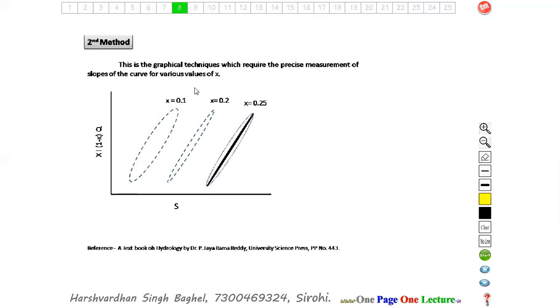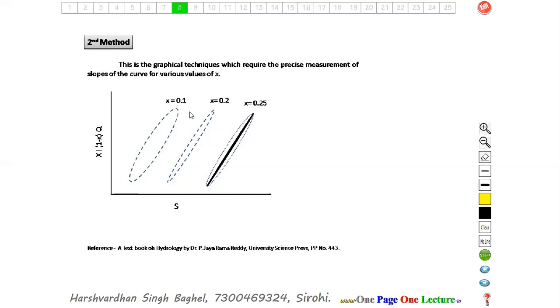In this method, we have the equation S = K[xI + (1 - x)Q], that is, some weightage of the inflow and some weightage of the outflow, multiplied by the constant K, is equal to the storage. We construct a graph between the storage and xI + (1 - x)Q, considering the value of K as a constant.